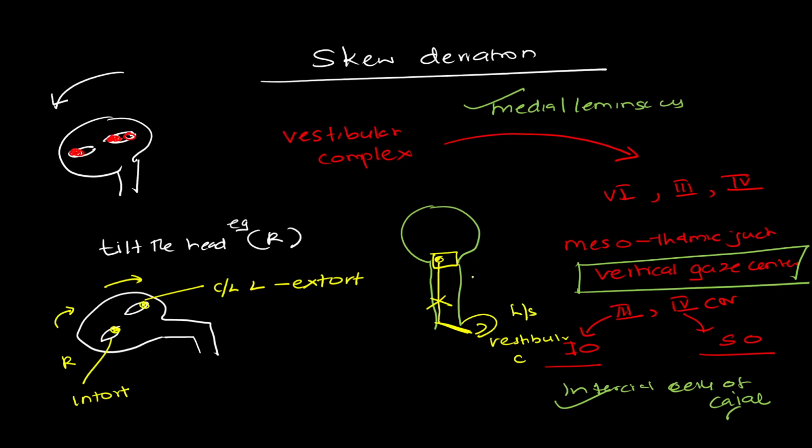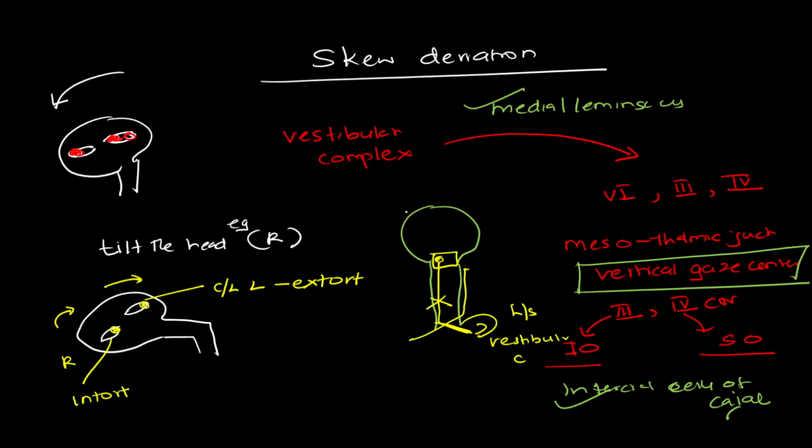So what the midbrain perceives is the fact that there is some sort of a motion. It doesn't identify the fact that the left side is not working, but it sees that the right side is more functioning.